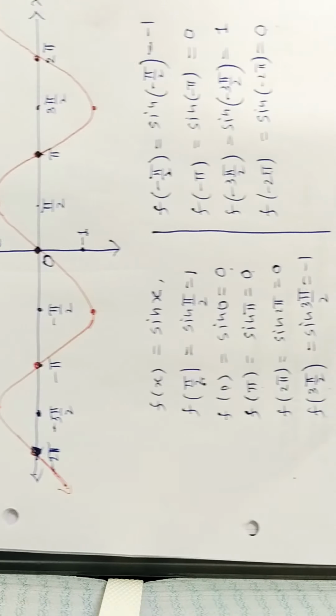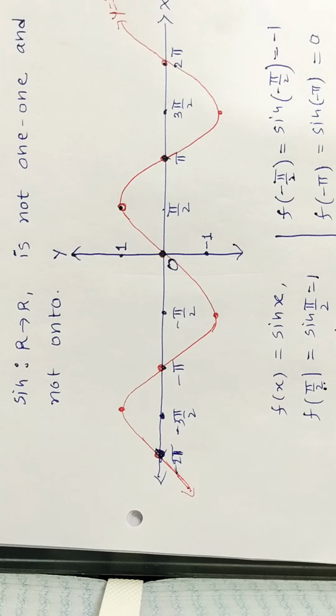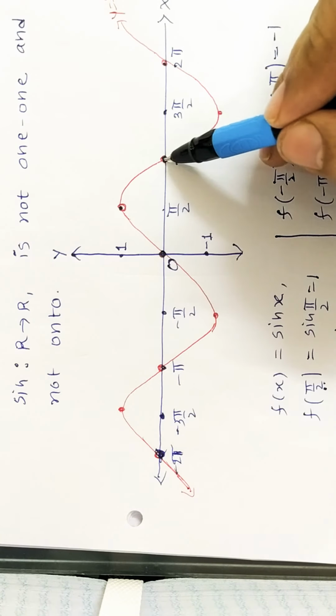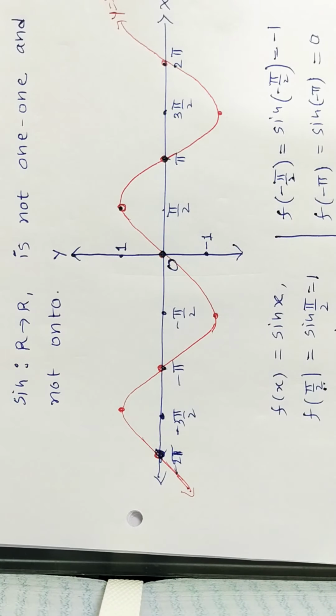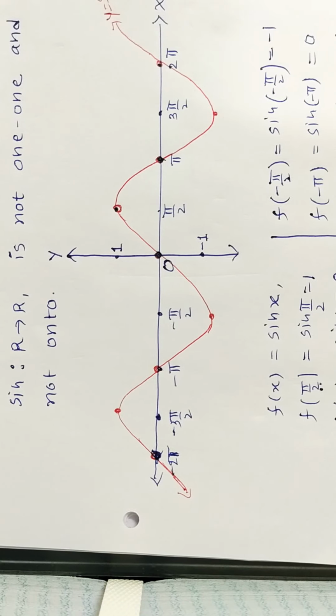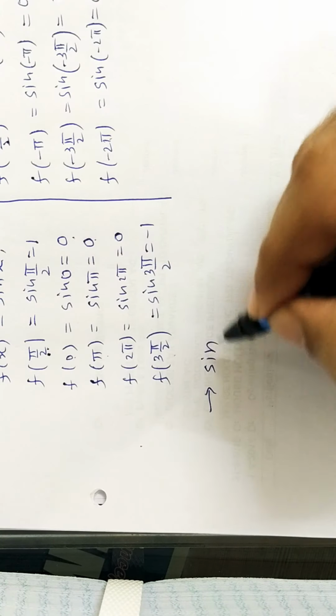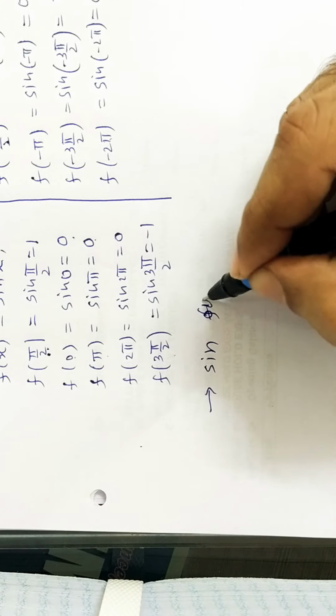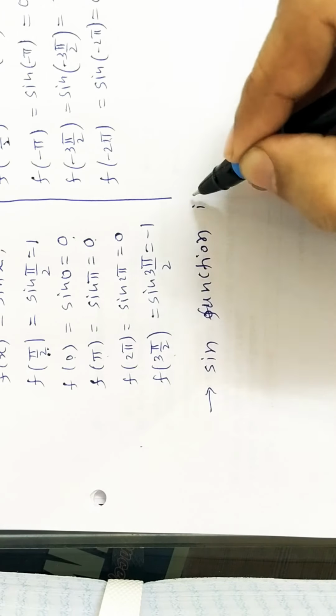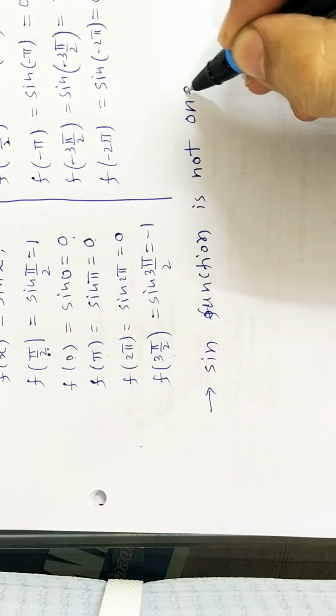From this graph, you can see that the sine function is intersecting the x-axis at more than one point. So the sine function is not 1-1.